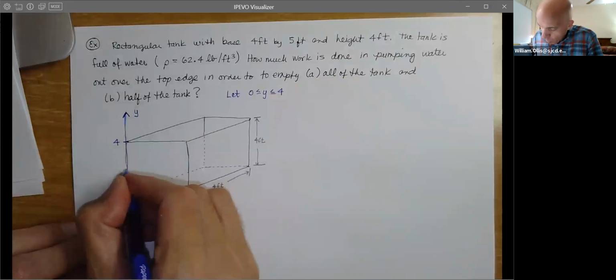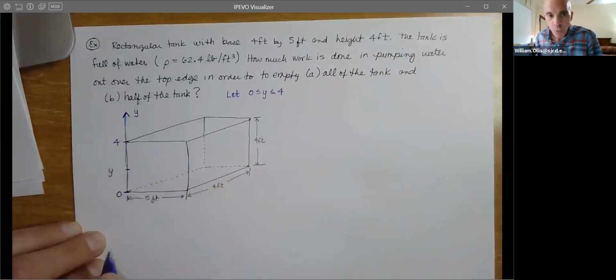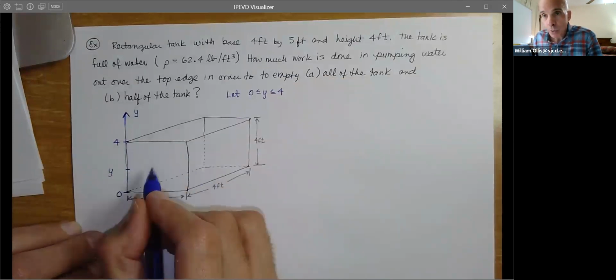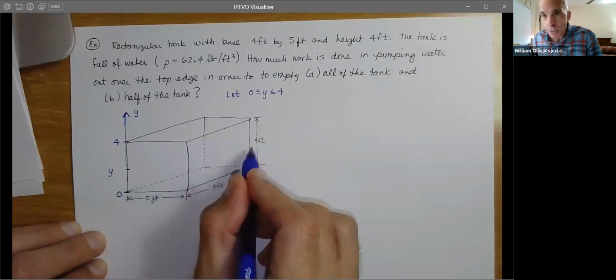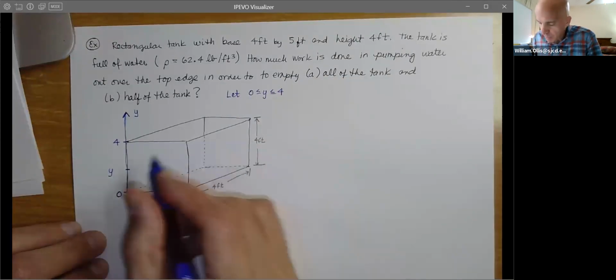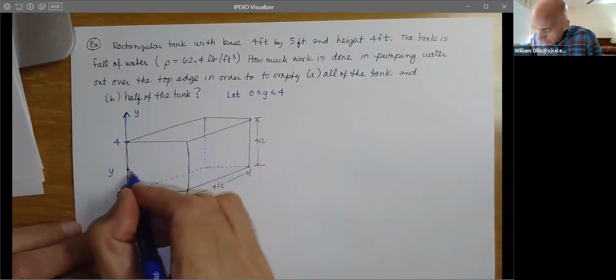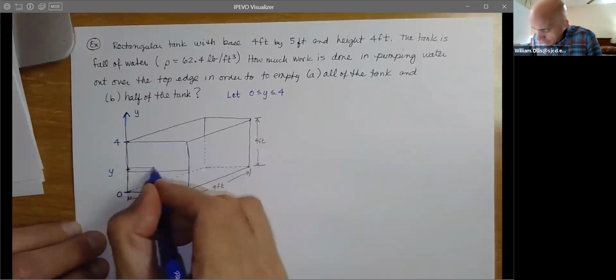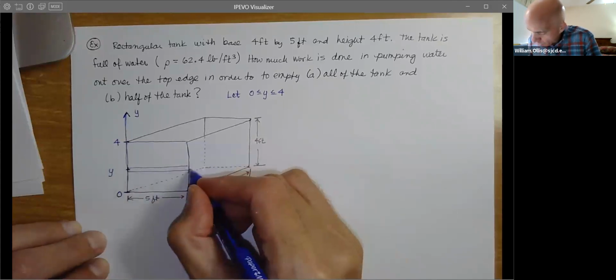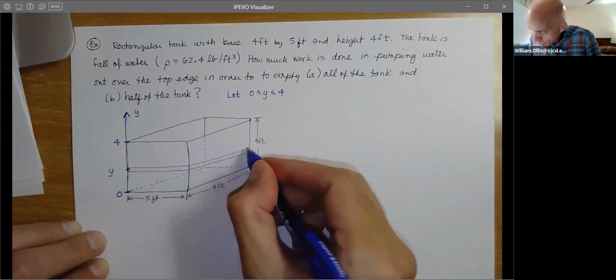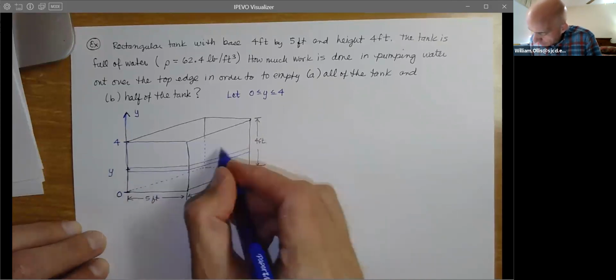So we take a y between 0 and 4, and like before, we would draw a rectangle. You can just sketch a little slab of thickness delta y. You don't have to do this, but it helps you see that we're going to be moving these slabs of water, and we'll use the integral to add them.